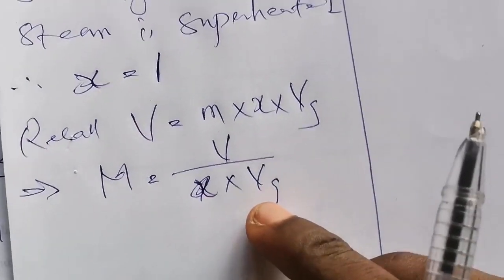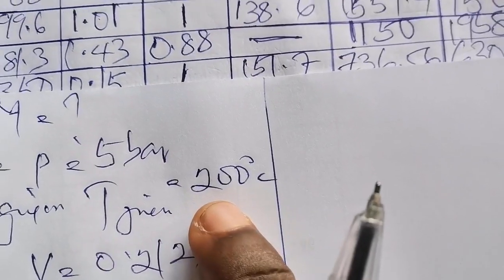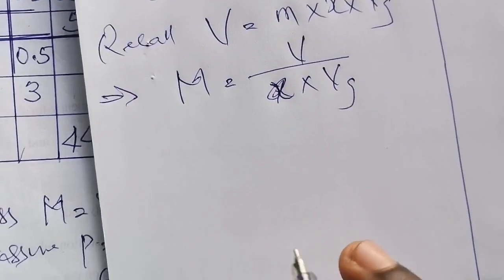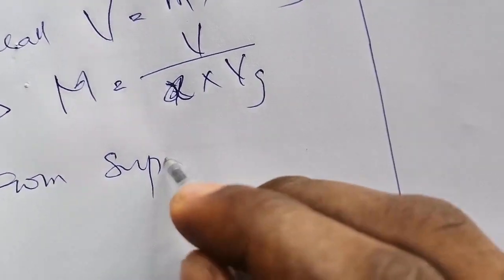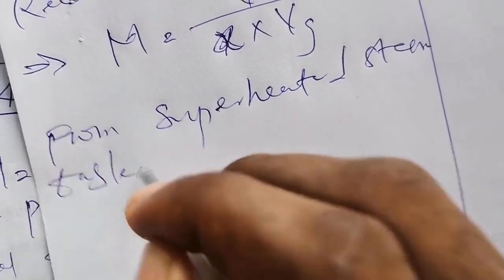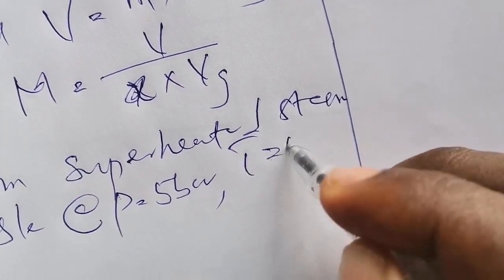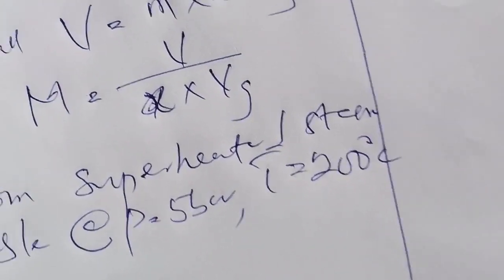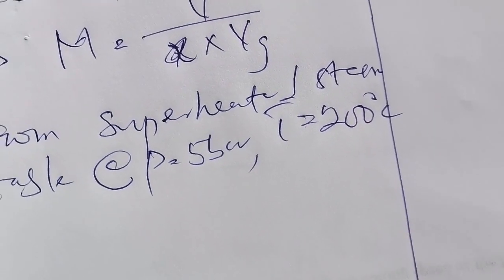All we need to do now is obtain Vg from the superheated steam table, corresponding to a pressure of 5 bar and a superheated temperature of 200 degrees Celsius.